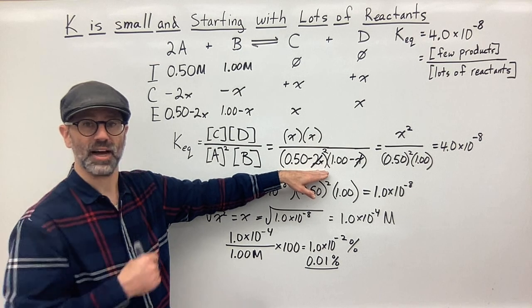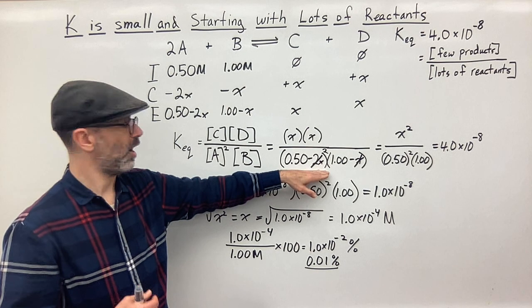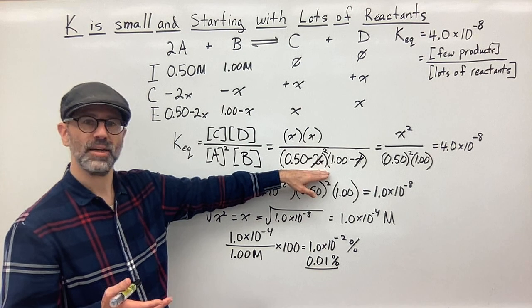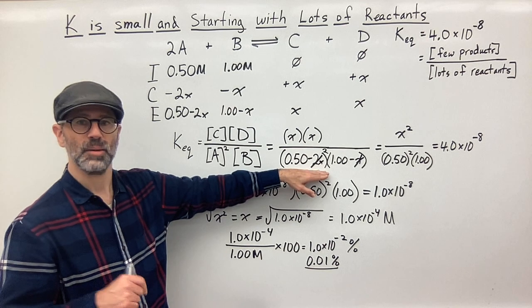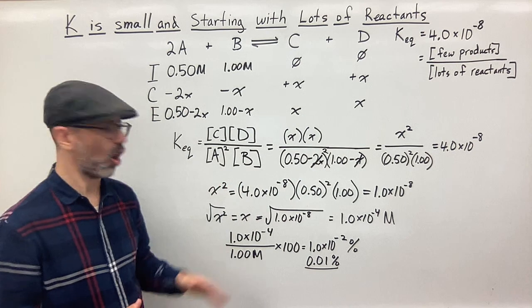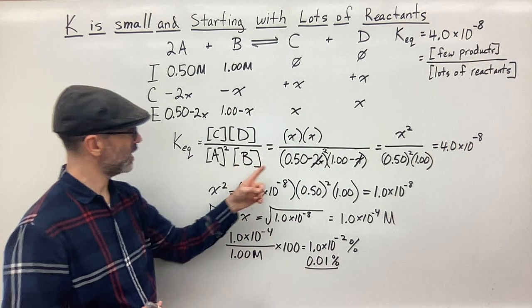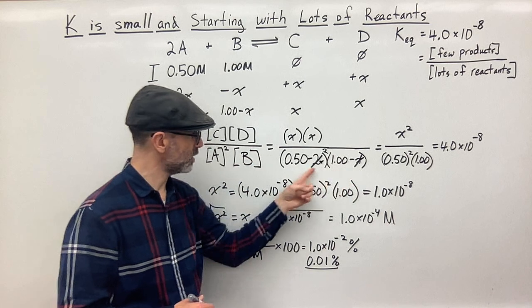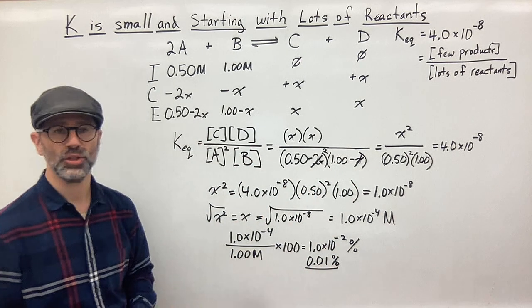And then you can forego doing the 5% rule. But if it's like a 100-fold difference or less, then probably not. You probably want to check it. But the rule of thumb is always check to make sure that your neglect of X is valid. And so this is the way you would do that.